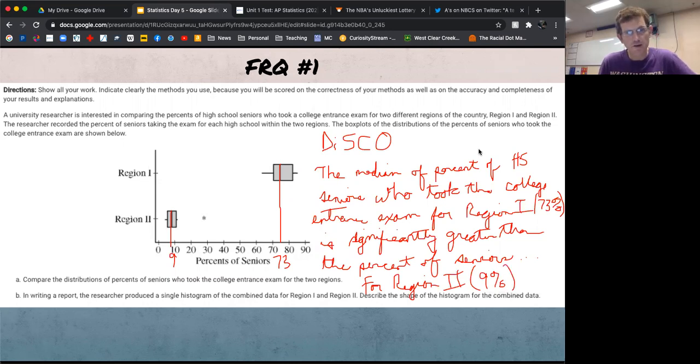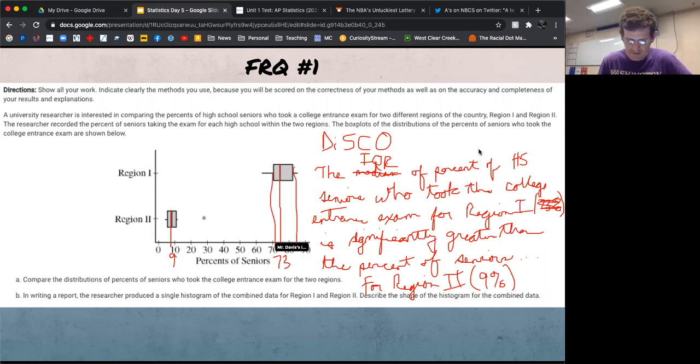You can also compare the spread, the interquartile range. I'm not sure I want to write it all out, but if you follow the same sort of model right here, I'll just change some words out. The IQR of percent of high school seniors who took the college entrance exam for Region 1, the IQR here would be from about there to there.